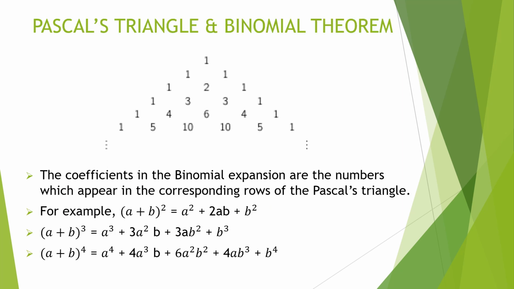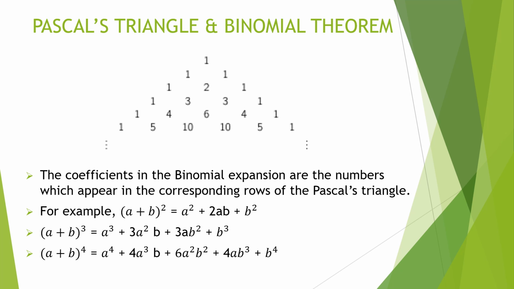An interesting fact: the coefficients in the binomial expansion are the numbers which appear in the corresponding rows of Pascal's triangle. Now if you observe Pascal's triangle given over here, how is this formed? You have ones on both sides of the triangle. In between, you get the numbers by adding the elements above them.